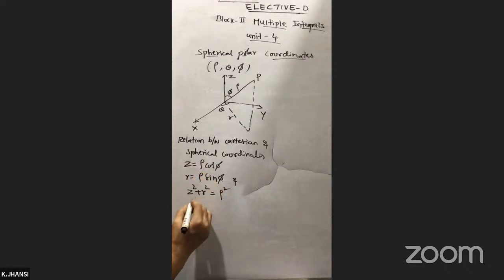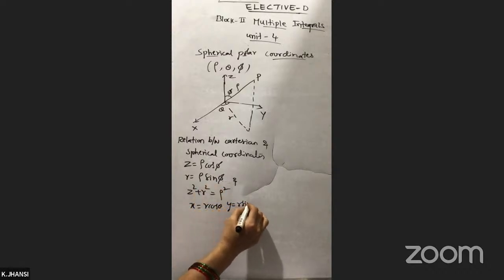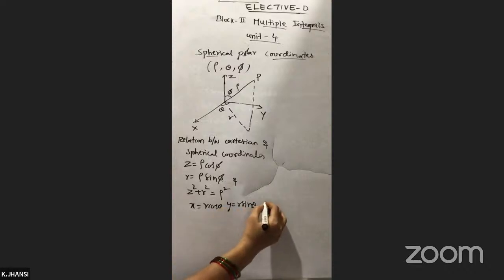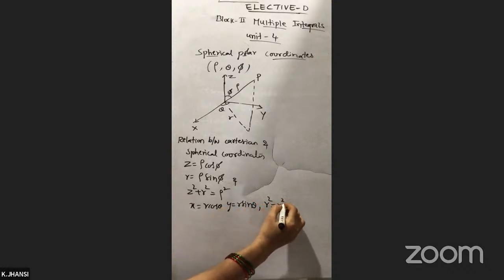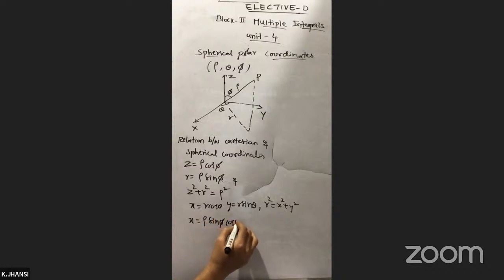We already know the Cartesian coordinates: x equals r cos theta, y equals r sin theta, and the relation r square equals x square plus y square. So in place of r, when you substitute here, you will get x equals rho sin phi cos theta.